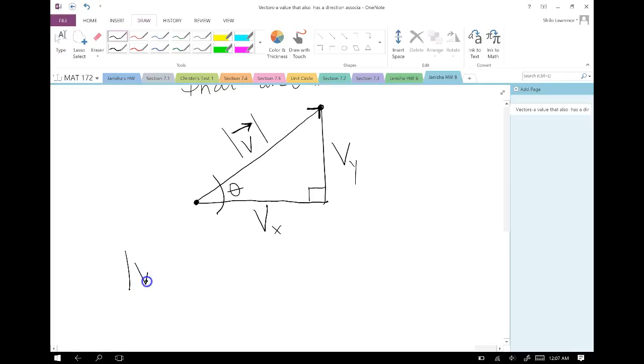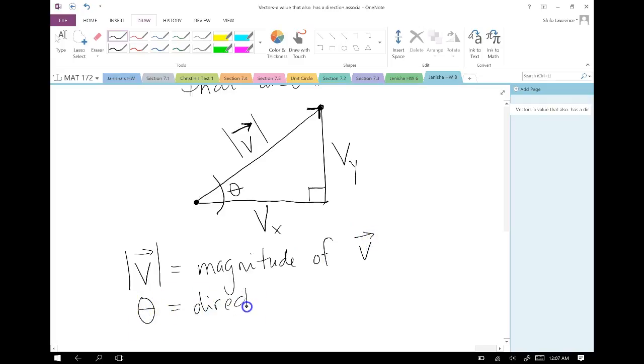Usually with magnitude, we put bars around the vector. So this is the magnitude of V, vector V, and theta is the direction of vector V. So that's one way to represent a vector, as its magnitude and direction.